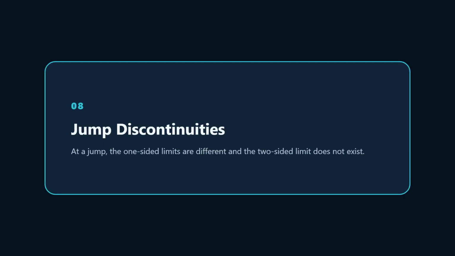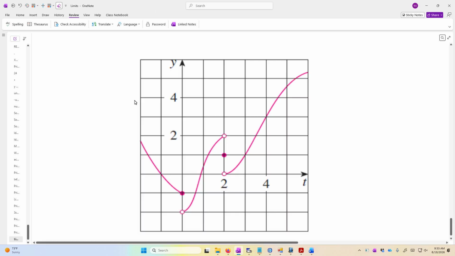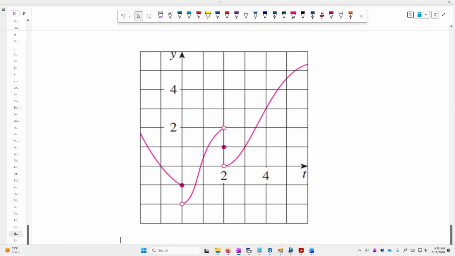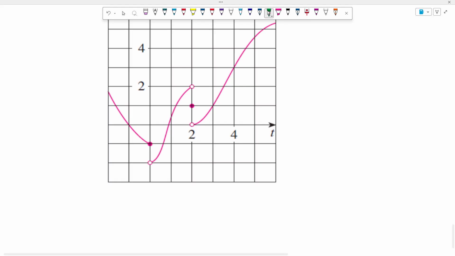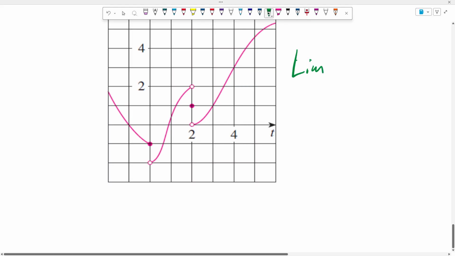You don't have to draw this. We'll just do it real quick. What is the limit as, this is 0, 0, right?